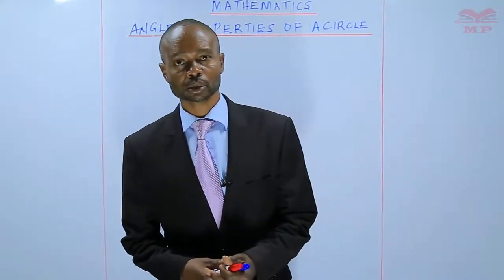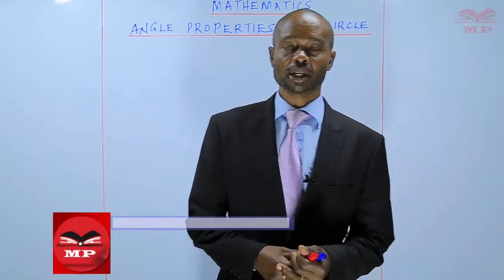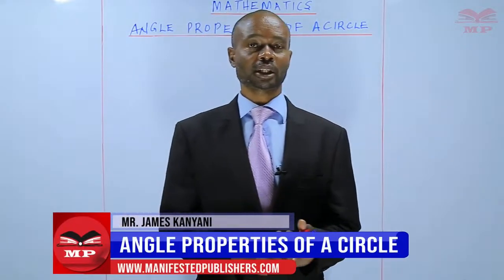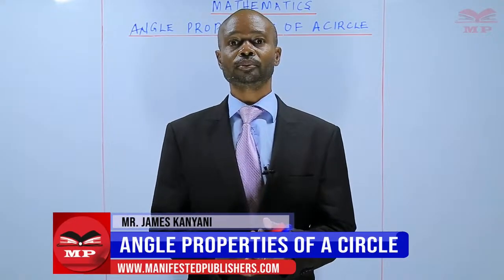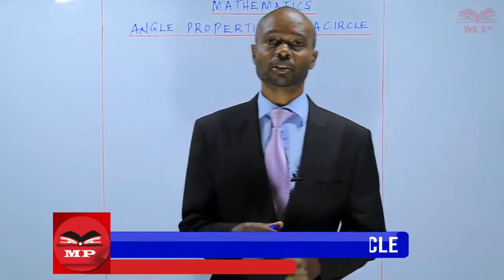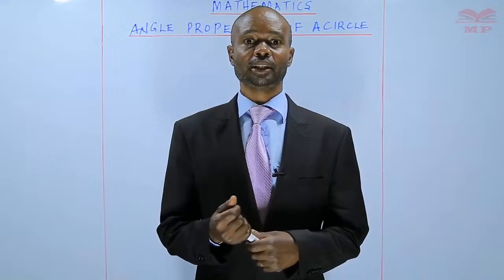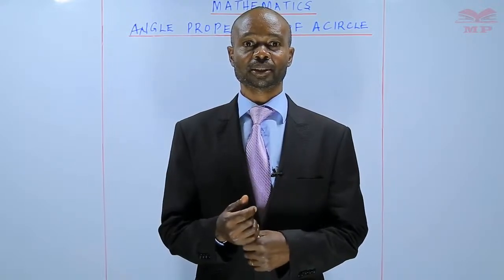Hello learners, today we will still continue with the topic angle properties of a circle. So I'm going to solve the question I had given you, number 5, from secondary mathematics, exercise 19.1.